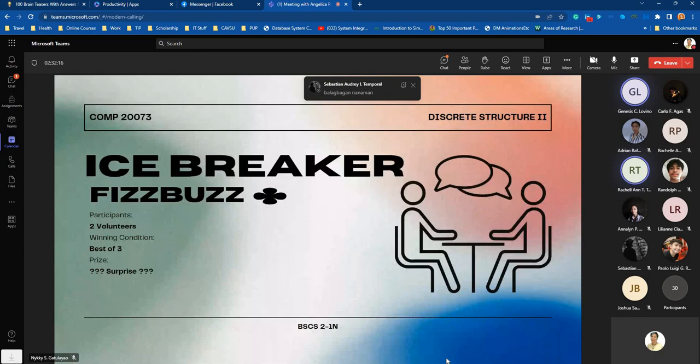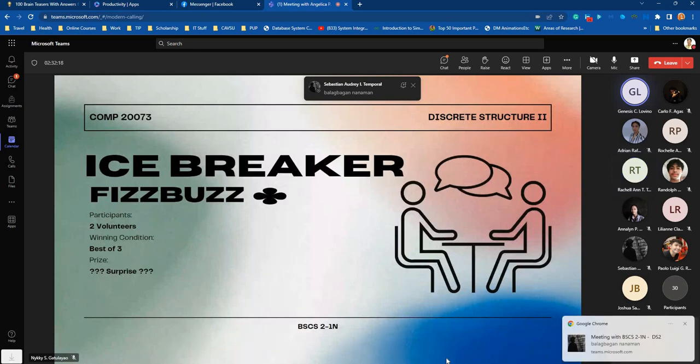This is easy. It's best of 3, with a tiebreaker if it's 1-1. So when it's a multiple of 3, fizz, and a multiple of 5, buzz. If it's a multiple of both, for example 15, fizz buzz.